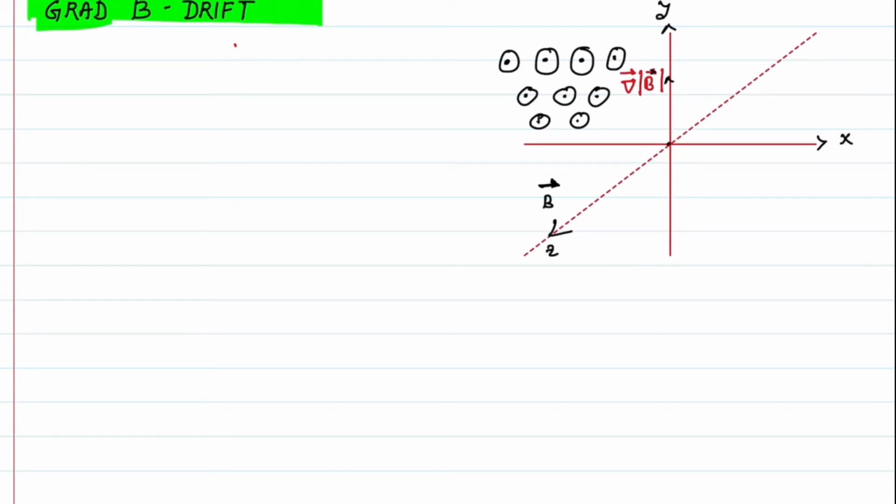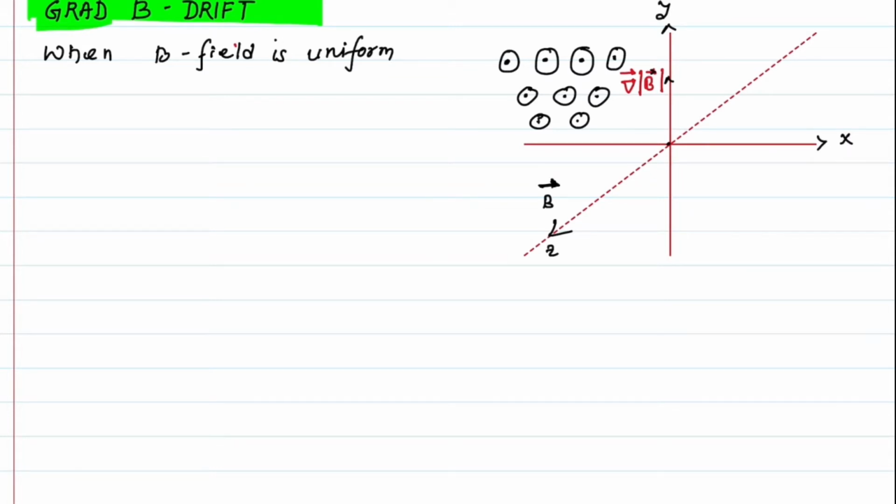I will write the results directly here, then I will proceed. When the B field is uniform, what are the results we have got?